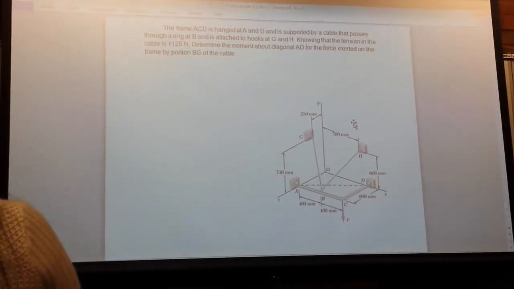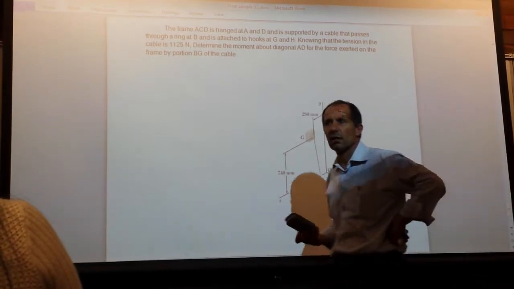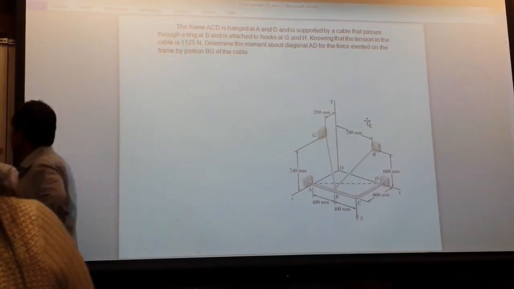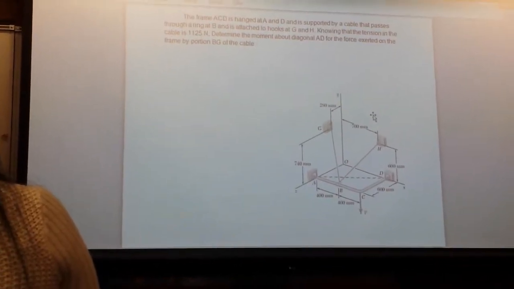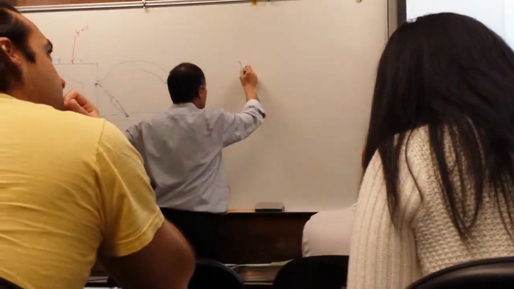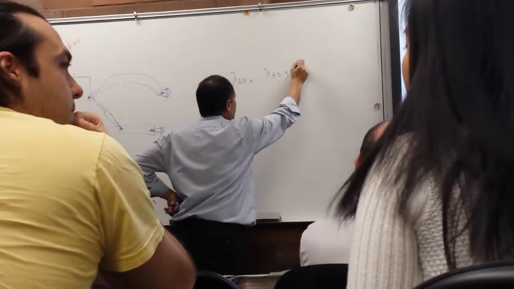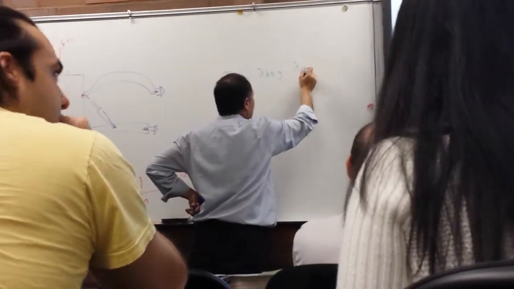When we deal with moment about diagonal, the best way is to do the mixed product. And the mixed product is going to be, for this problem, lambda AD.